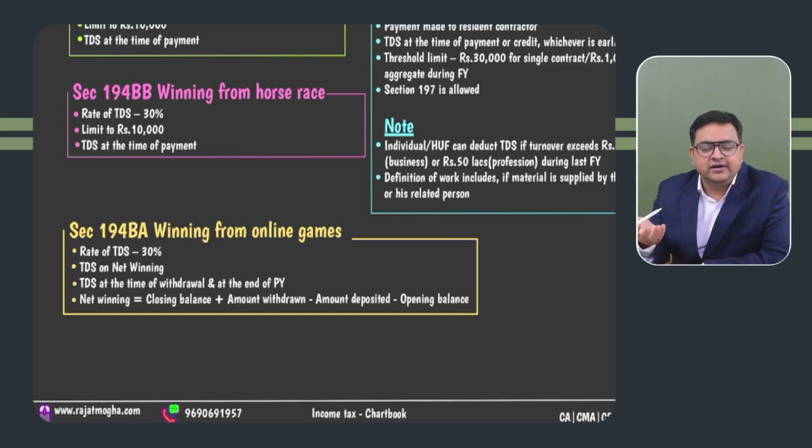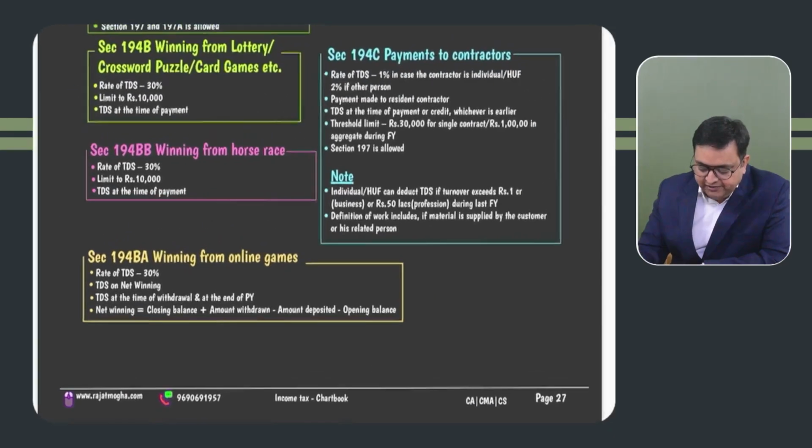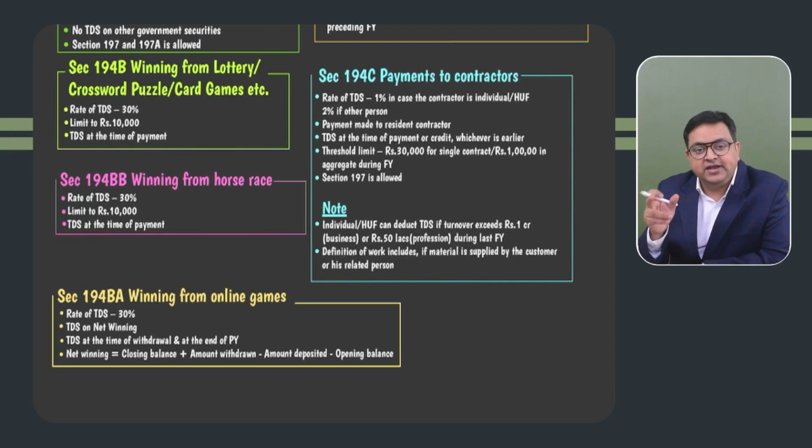Let's say you started playing games by depositing 1000 rupees, and at the year end you have 10,000 rupees in your wallet and you have not deposited anything. So how much is the net winning? 10,000 minus 1000, 9,000 is your net winning. They will deduct 30% tax on it. That is 194BA. And in case the winning is in kind, they will ask you to first deposit your tax and give a proof that the tax has been deposited, then they will release this prize money to you.